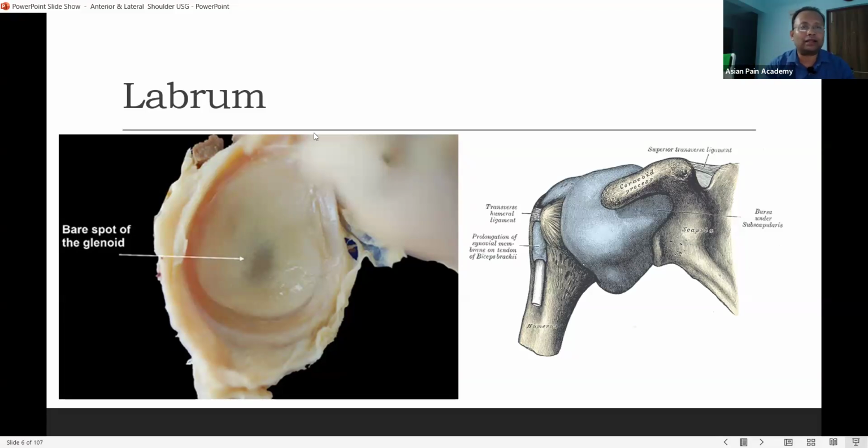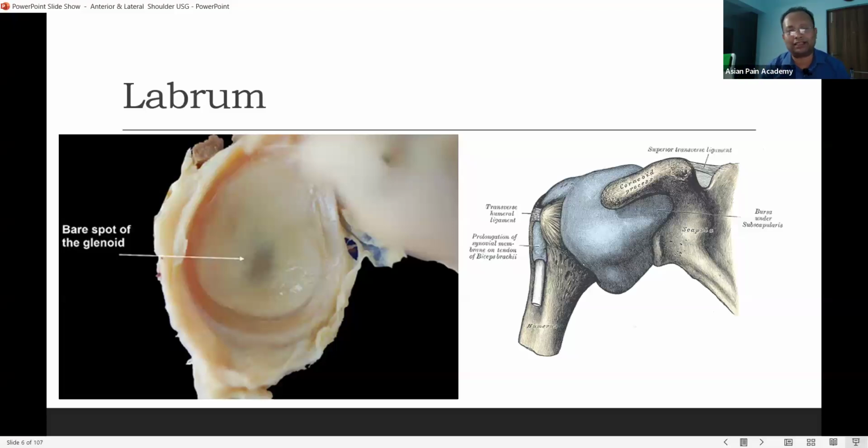So here another structure, the deepest structure, is the labrum. The labrum is nothing but a fibrocartilage. Here the glenoid portion is shallow, and there is every chance that the head of the humerus can slip during movement.